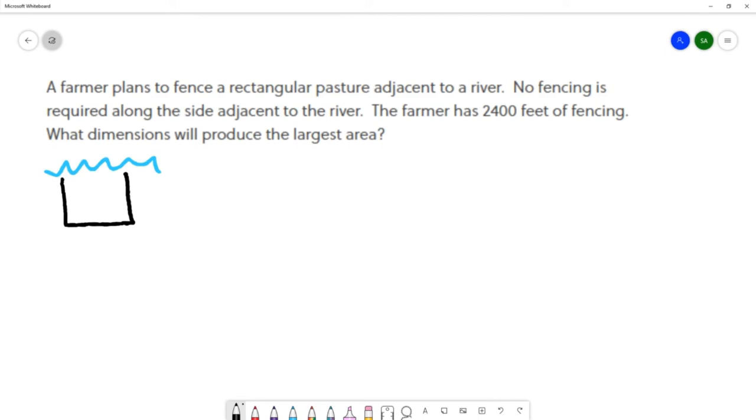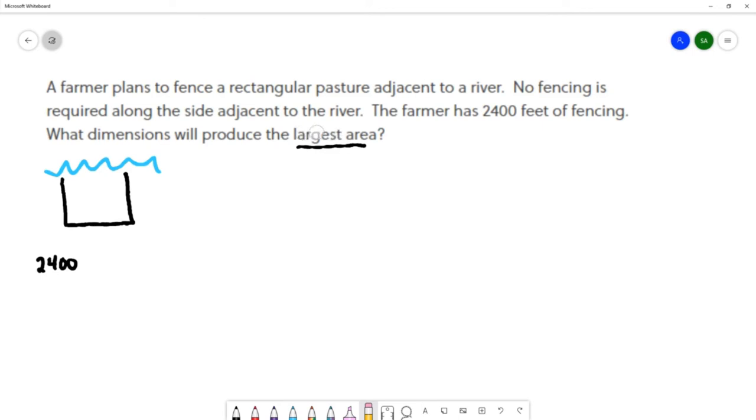We know that we have 2,400 feet of fencing, and that's going to go up on those 3 sides. We want to produce the largest area for this pasture, and because we're trying to find the largest area, we know that this is an optimization problem. Optimizing is finding the optimal number.